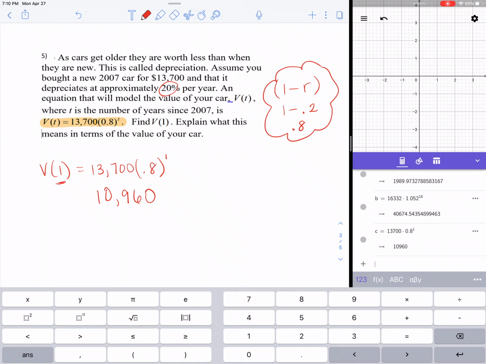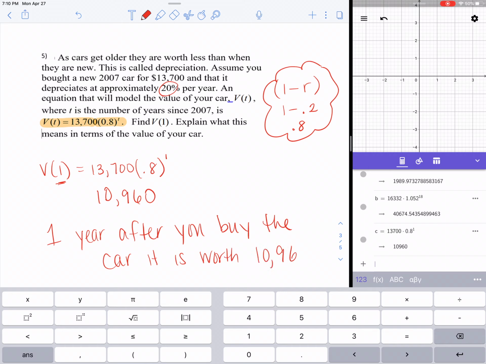So now it wants to know what this means in terms of the value of the car. Well, 1, if you're plugging it in for the T, is years. So 1 year after you buy the car, it is worth $10,960. So if you understand that, you understand what's going on.